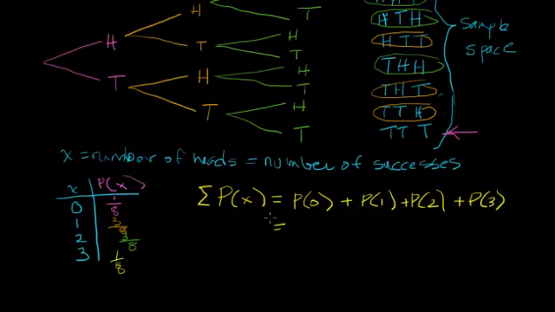So that would be equal to 1/8 plus 3/8 plus 3/8 plus 1/8, which when we add those up, 1 plus 3 is 4, plus 3 is 7, plus 1 is 8 eighths, or 1.